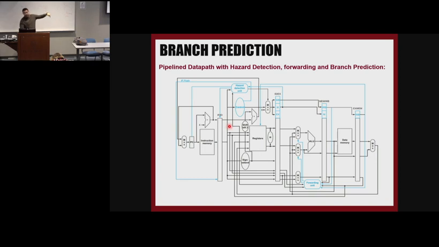If it's a branch, and say it's a branch equal, and these two are equal, right there you know that not only do you have to take the branch, but also whether your prediction was right or wrong. So you calculate the branch target address, and you evaluate your prediction.